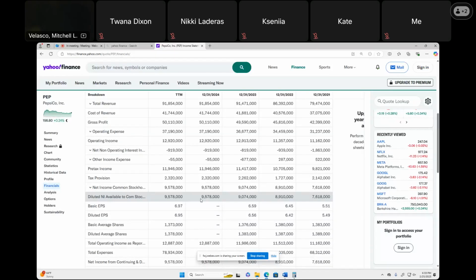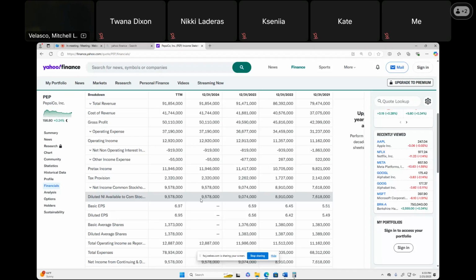And the reason why is twofold. One, if they don't pay as much to the shareholders, that means they've got more room to give you a raise. So if Pepsi's paying you 75%, there might be less of a chance that they're likely to give a raise because they're already paying so much back to the shareholder. But if they still have a small percentage, they can give a raise.